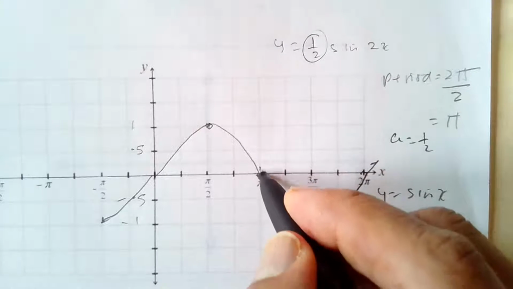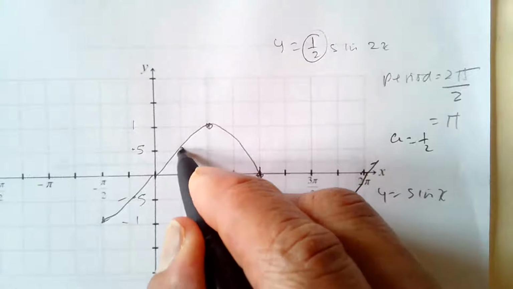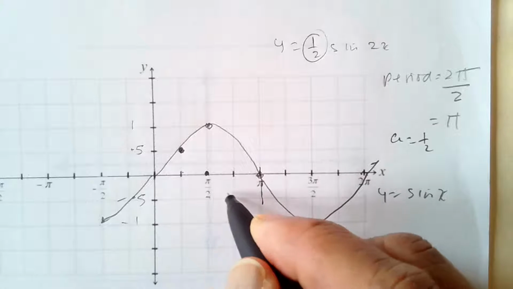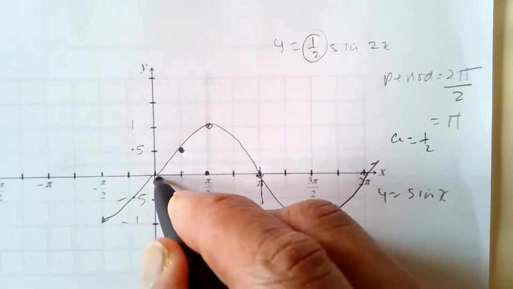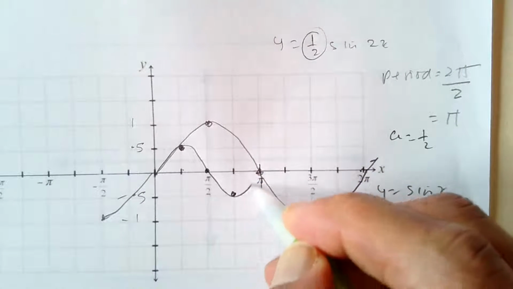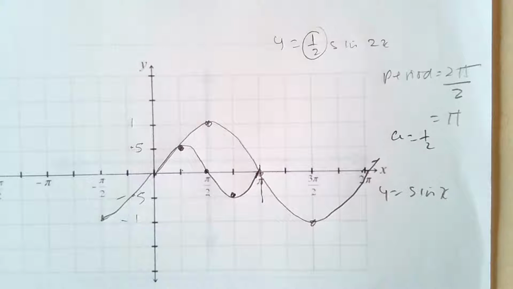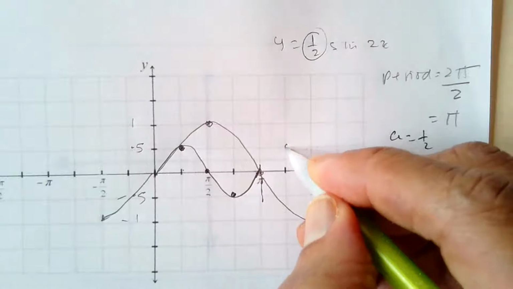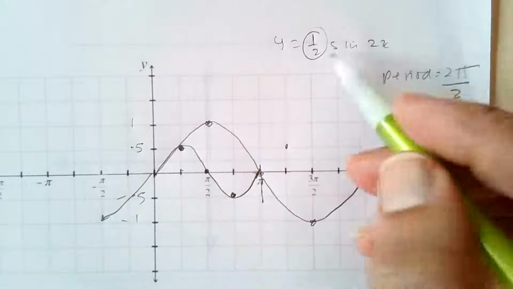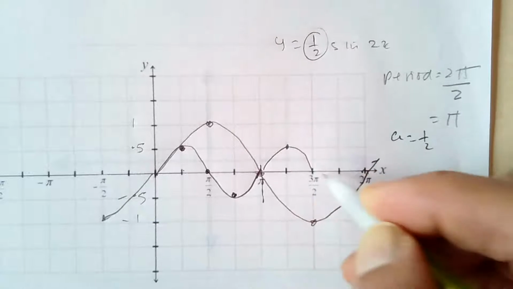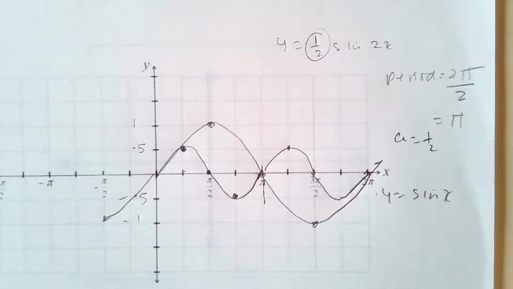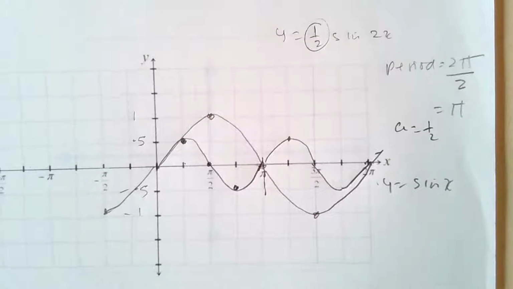So this is my cycle, so we have 1, 2, and now we have a complete cycle. It's 1 pi. And this will continue, but we have two things: a horizontal compression and a vertical compression. So within 2 pi, we have 2 cycles.